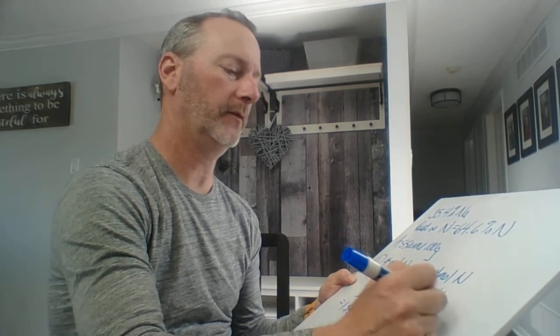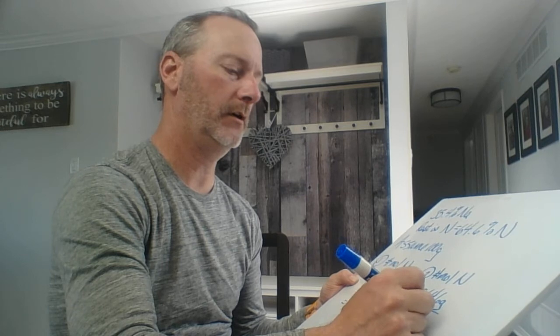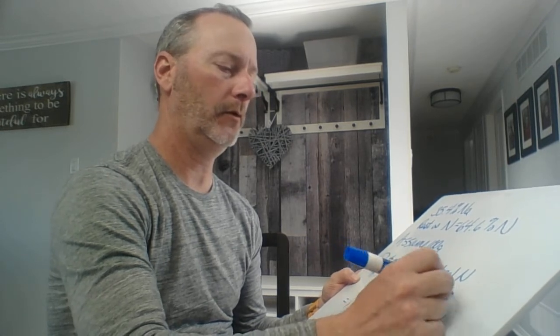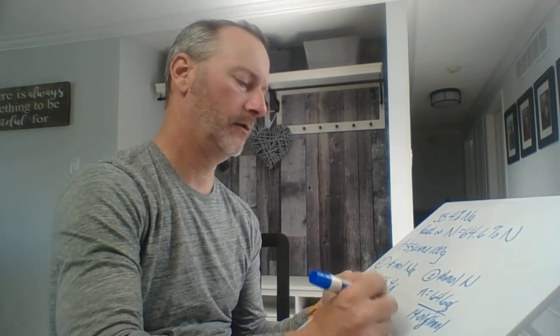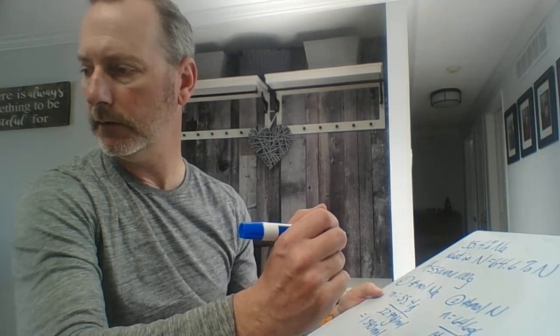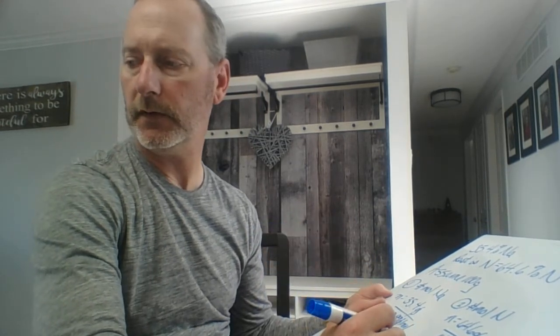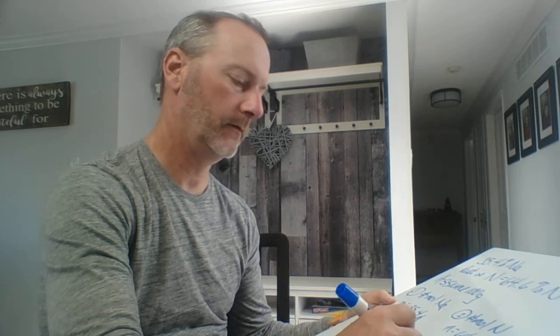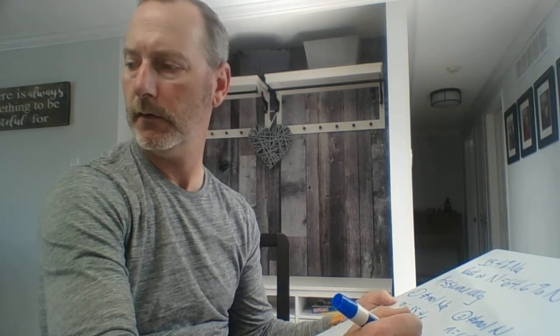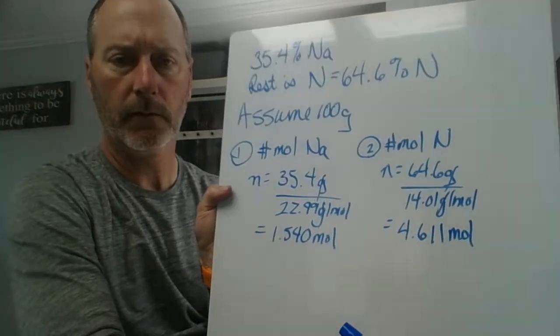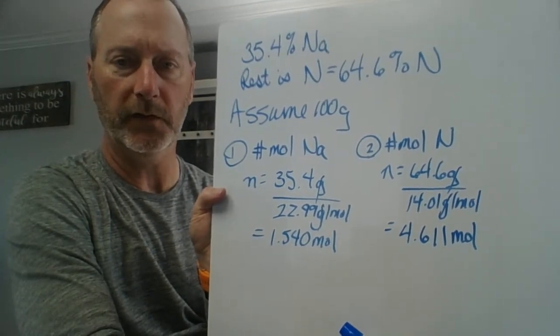Second step, number of moles of nitrogen equals 64.6 grams divided by 14.01 grams per mole, and that one is 4.611. Okay, I've got my number of moles of each one.